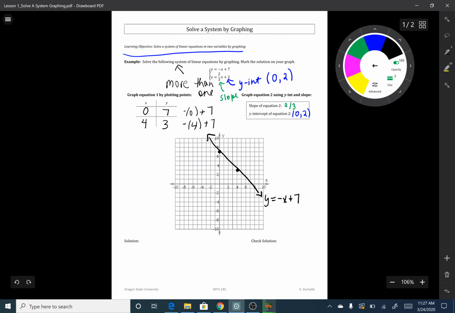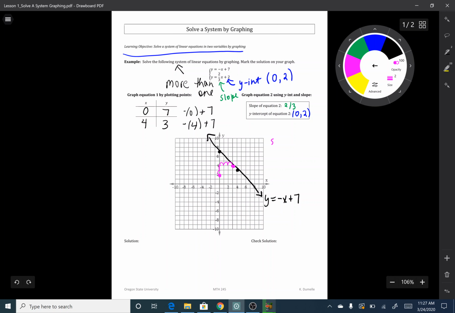And we can pretty easily graph this kind of equation by using these two things, our slope and our y-intercept. So the first thing I'm going to do is put our y-intercept on the graph. So my y-intercept is this point (0, 2) here. And then I have the slope 2/3. So what that means is that I'm going to go to the right, up 2 over 3. So I'm going to go up 2, to the right 3. So this is going to be my new point.